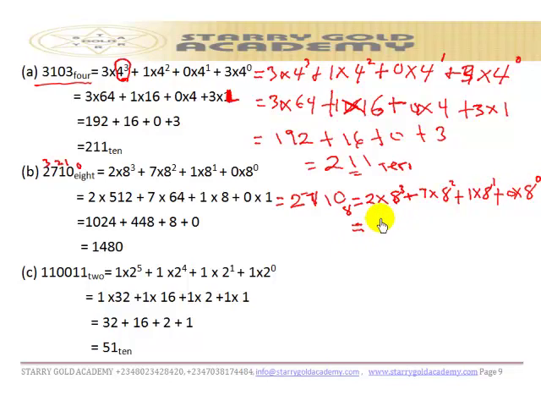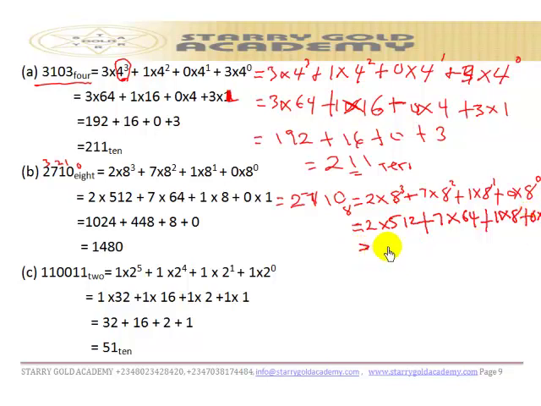8 raised power 3 is 512. That's 8 times 8 times 8. 8 times 8 is 64. 64 times 8 is 512. So you have 2 times 512 plus 7 times 64. That's 8 times 8, plus 8 raised power 1 is still 8, 1 times 8, plus 8 raised power 0 is 1, 0 times 1.